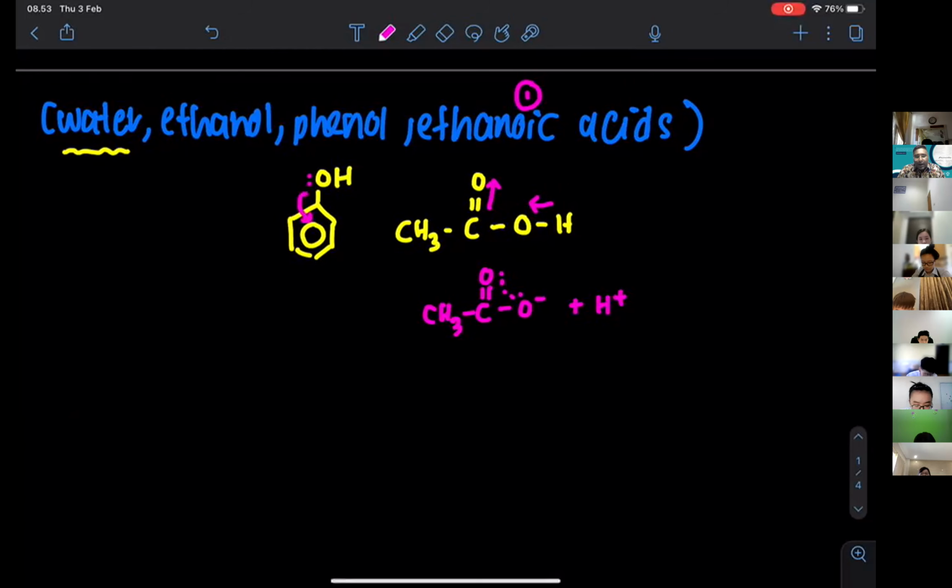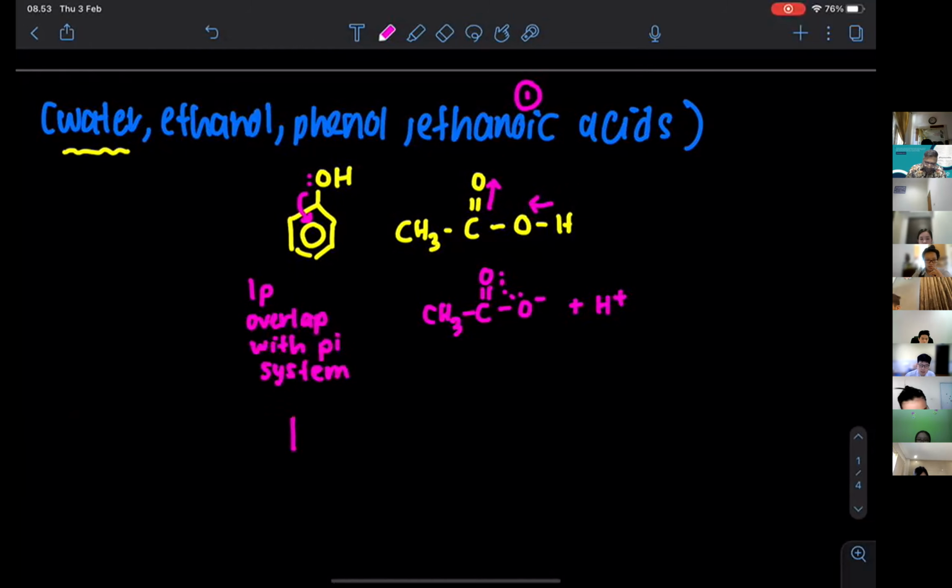Or we say that the lone pair of electrons overlap with the pi system. When they overlap with the pi system, that is going to make this particular ion, which is the phenoxide ion, O minus, more stable.